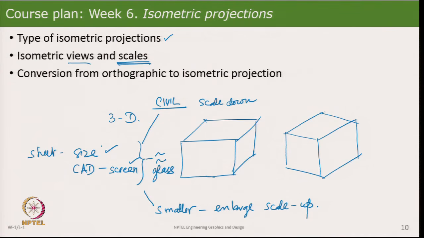So, standards tell us what scales we can use in making drawings. And then we will also see the interconversion of a drawing expressed as an orthographic view, which is a set of flat drawings, to isometric, which looks like this, and vice versa, both in a paper-pencil mode as well as in a CAD environment.